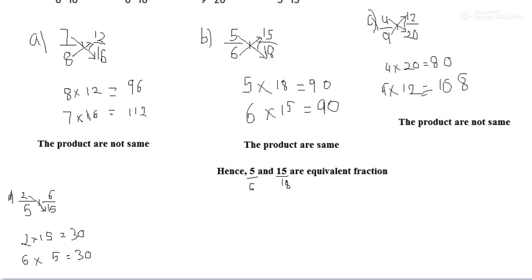So the products are the same. Hence 2 by 5 and 6 by 15 are equivalent fractions.